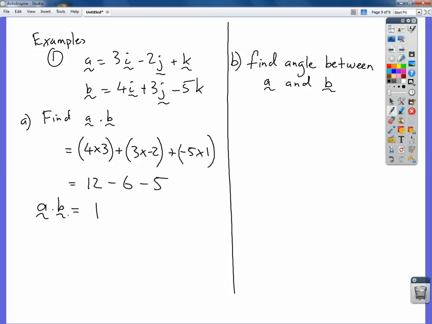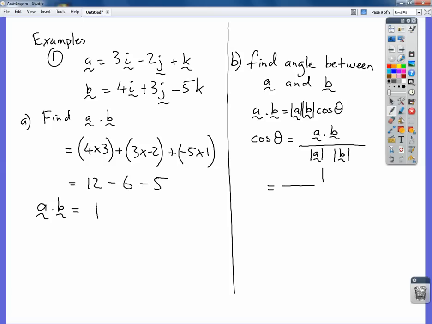Now let's find the angle. Our original rule said that A dot B equals the magnitude of A, the magnitude of B times cos theta. So cos theta equals A dot B all divided by the magnitude of A times the magnitude of B. I'll put that in.